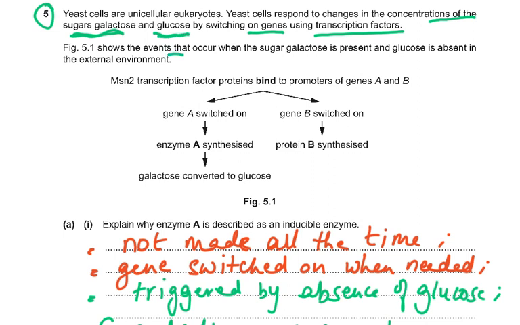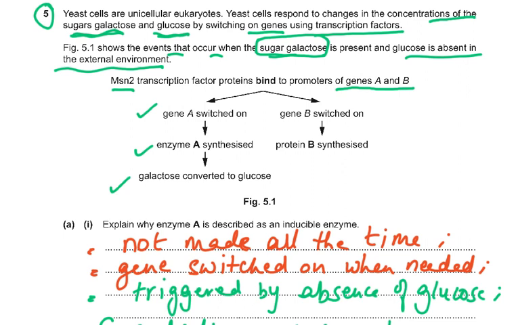Figure 5.1 shows the events that occur when the sugar galactose is present and the glucose is absent in the external environment. MSN2 transcription factor proteins bind to promoters of genes A and B. Gene A is switched on, enzyme A is synthesized, and galactose is converted to glucose.